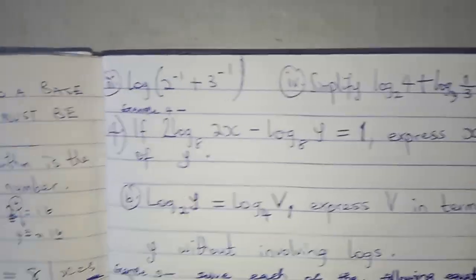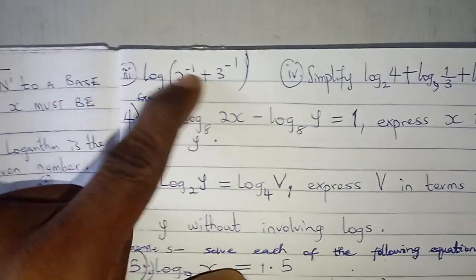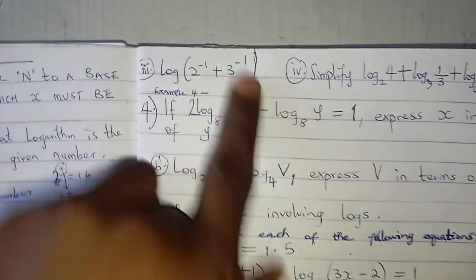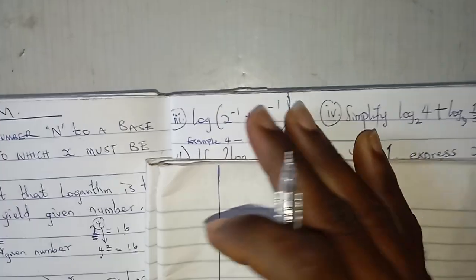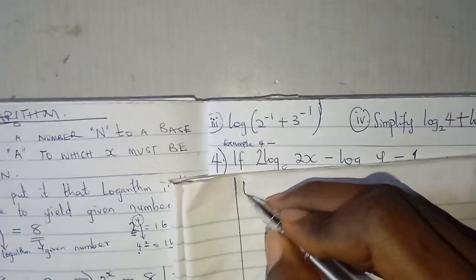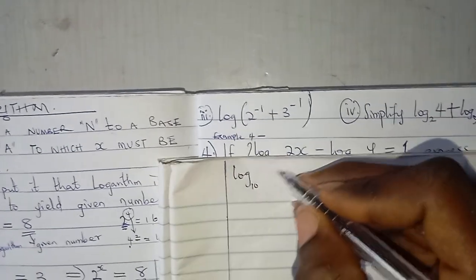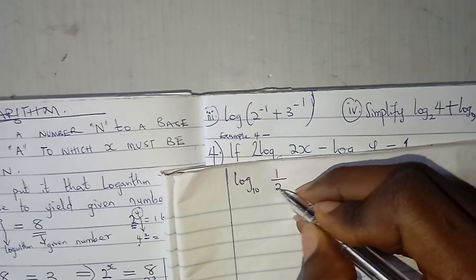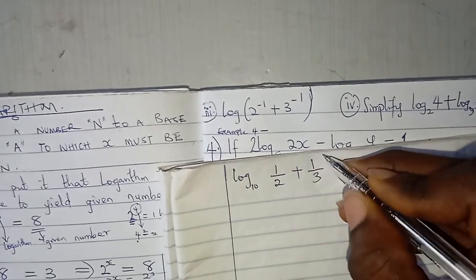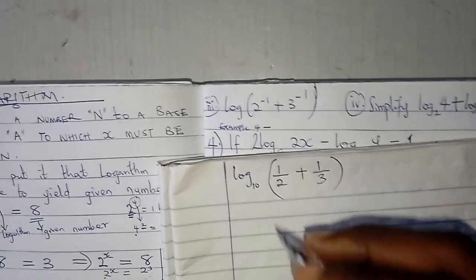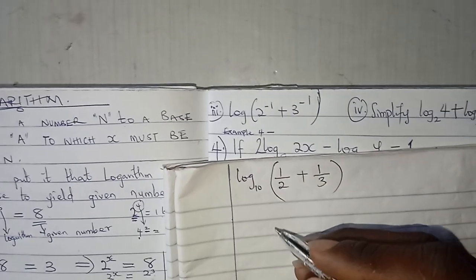Alright, let's try to solve the next one. The next one is giving me this: log 2 raised to the power minus 1, log 3 raised to the power minus 1. And I know that that is log 10 to 1 over 2 plus 1 over 3. It's plus that I'm seeing there.